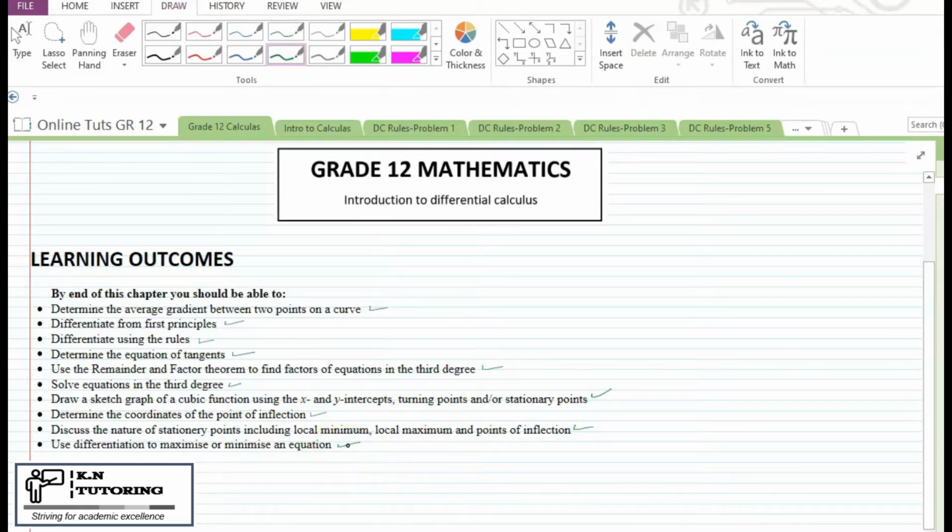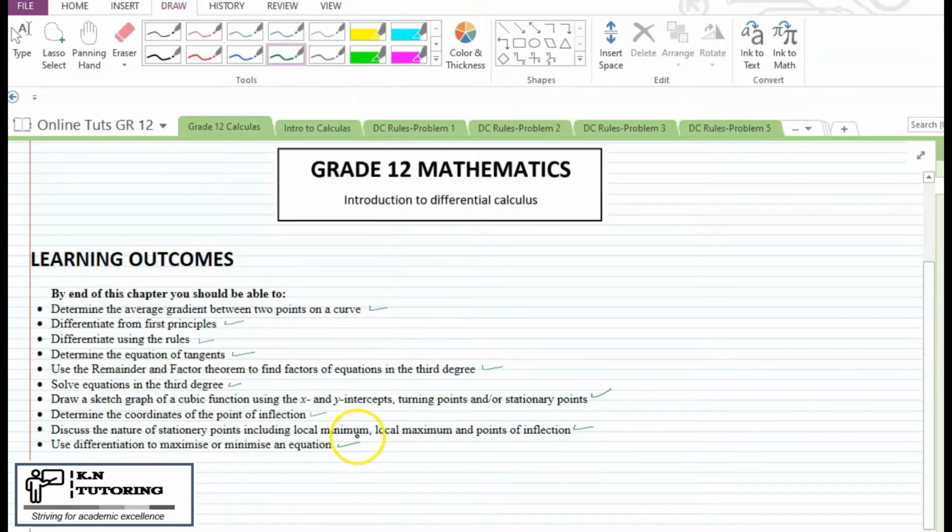Okay, so grade 12s, basically those are the things that you need to know after we've covered this section. But as you can see here, there's quite a lot of things that we need to go through. So you will see that in this video, I will only be focusing on the introduction, and there are key concepts that we need to go through to understand the core of this topic, which is differential calculus.